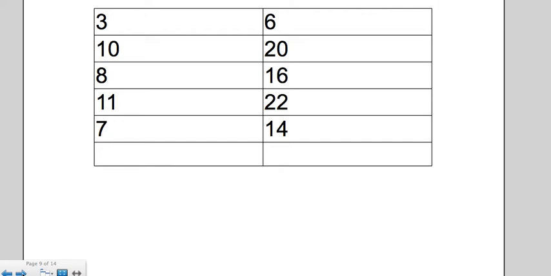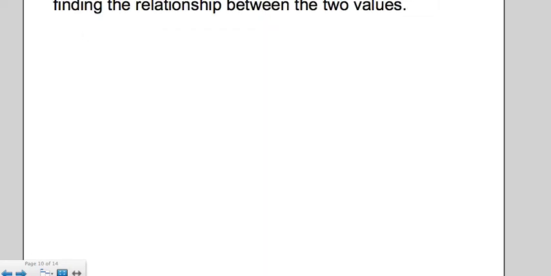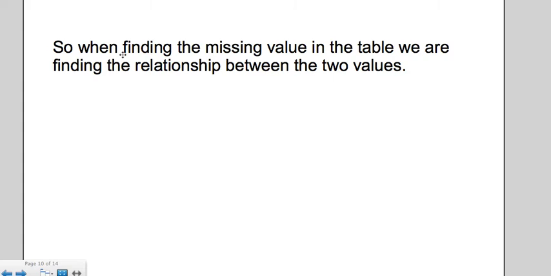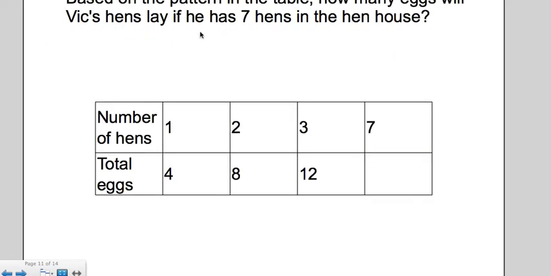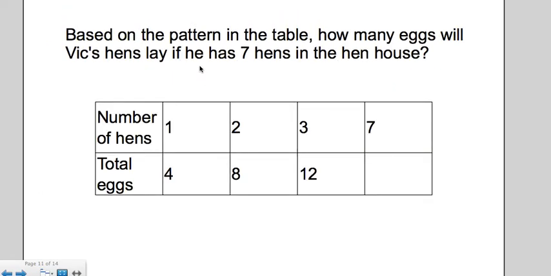So when looking at a function table, it's important to know that we are finding the relationship between the two values. We want to find the relationship between the input and the output. So having a look at this question, based on the pattern in the table, how many eggs will Vic's hens lay if he has 7 hens in the hen house?